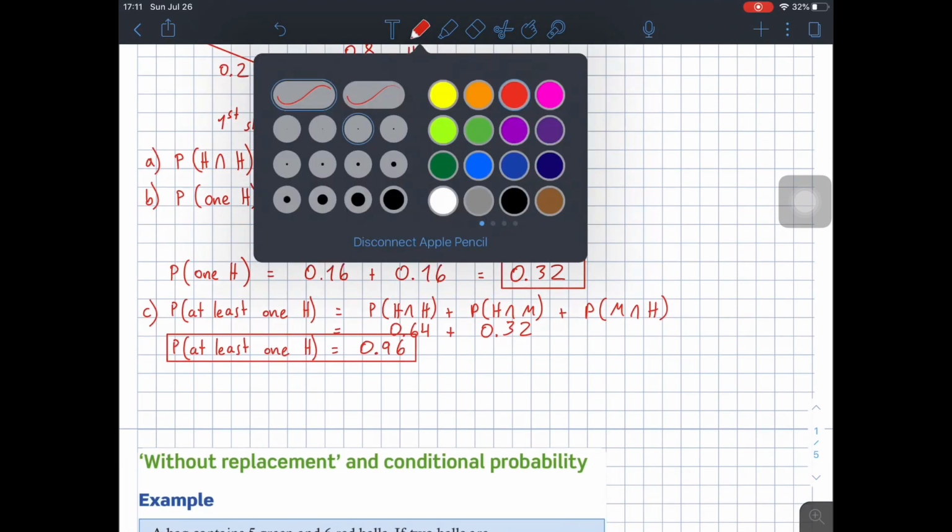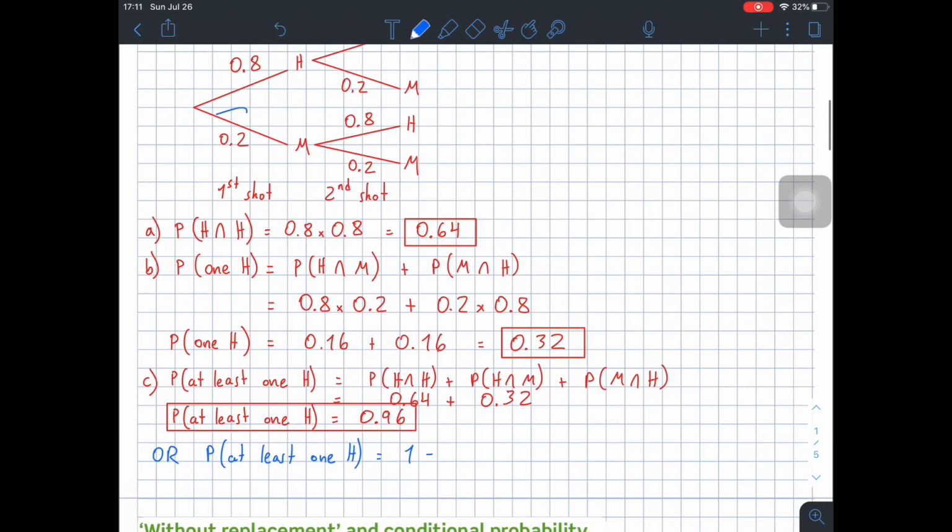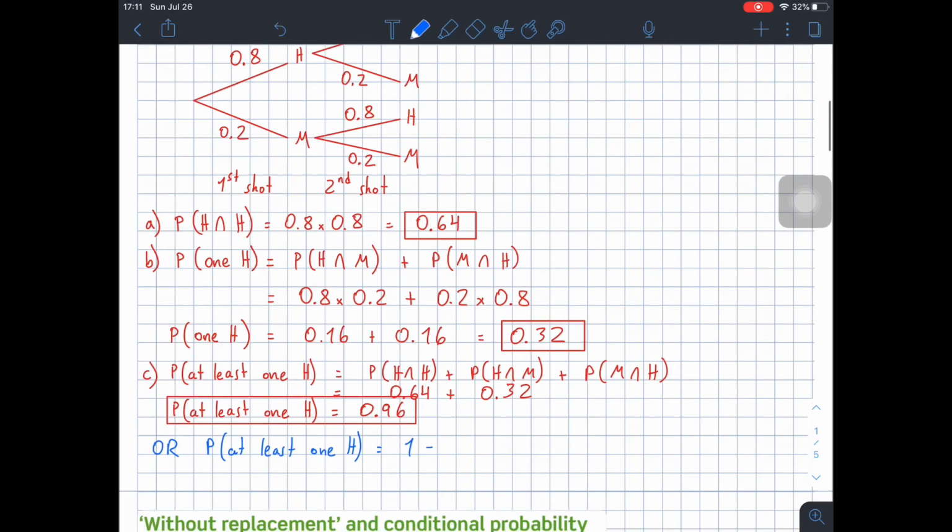The short way, which I'm going to do in a different color, we could also work it this way. The probability of at least one hit is equal to 1, which is 100%, minus the only option where I do not have one hit, which is miss, right? So 1 minus the probability of missing and missing.